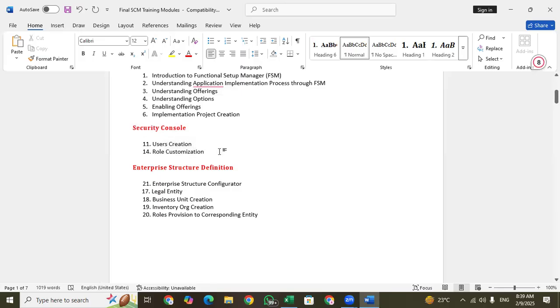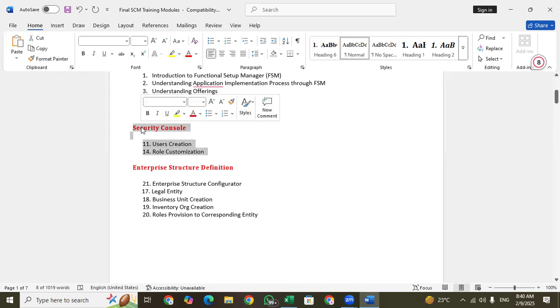For that, user creation, role customizations, and assigning roles to users all come into the security console. It is like when you join any company, they provide your credentials, Outlook credentials, your mail ID and password, and you get the mails.